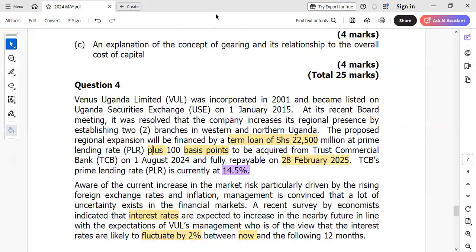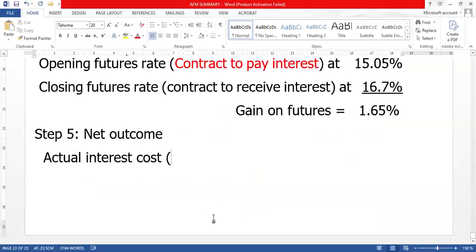So you get the prime lending rate at the transaction date, which is 16.5, then add the basis points, which is 1%.